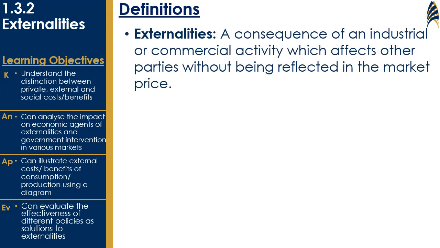Some definitions first. Externality is a consequence of an industrial or commercial activity which affects other parties without being reflected in the market price. Other parties essentially means the third party. I think I said this in the introductory video, introduction to market failure. The first and the second party are the ones involved in the transaction, the commercial activity.